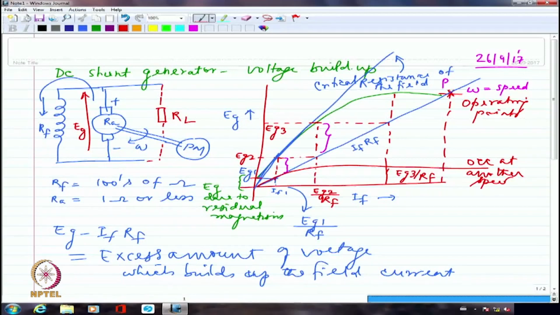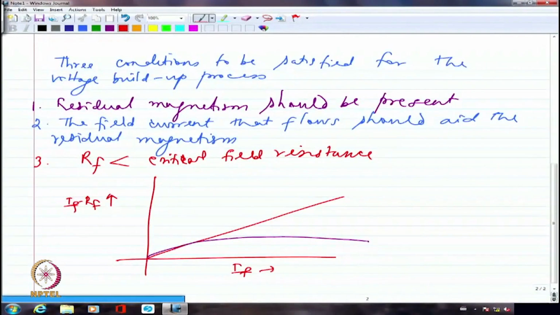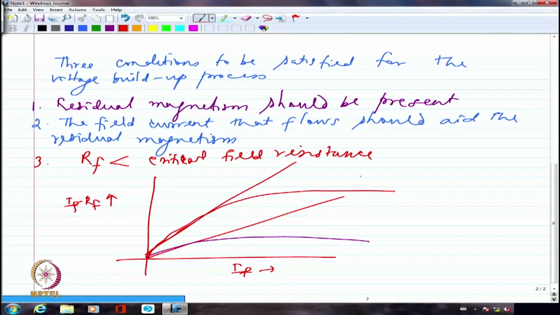So this will be even more visible if I try to choose the resistance line probably somewhat like this. If it is at a higher value, then I can show even better characteristics. So this is the critical speed for field line at, say, R1. I may say this is R1, so this is omega 1.